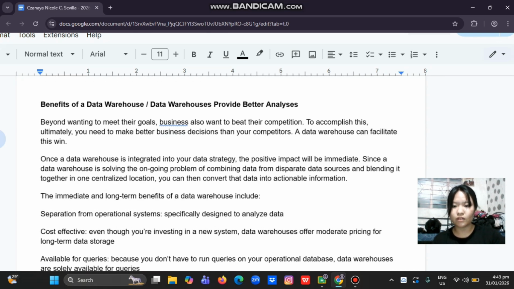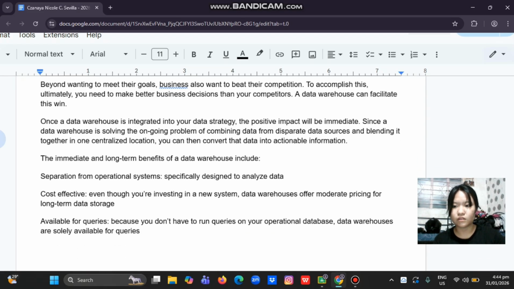Beyond wanting to meet their goals, businesses also want to beat their competition. To accomplish this, ultimately, you need to make better business decisions than your competitors. A data warehouse can facilitate this win.